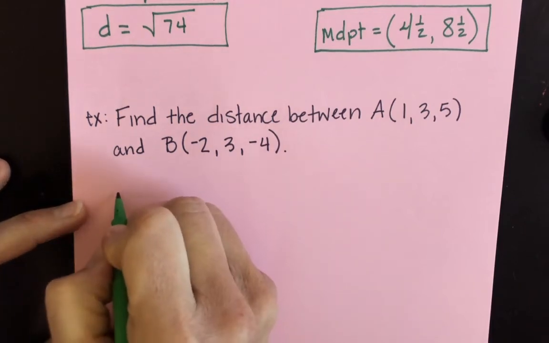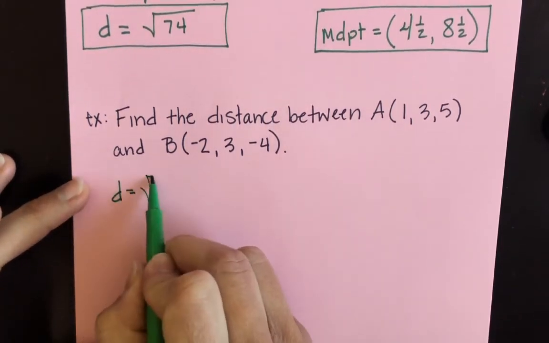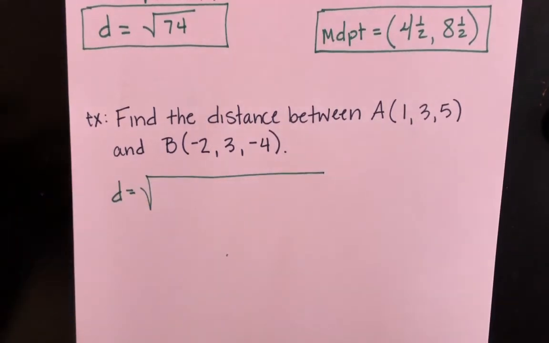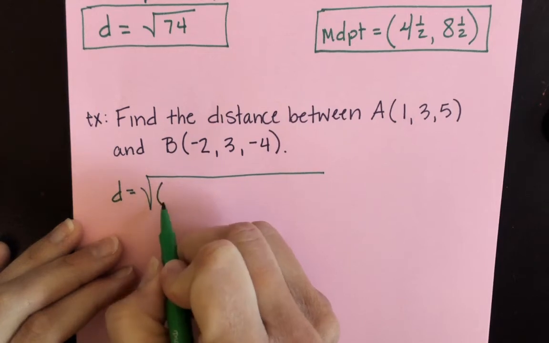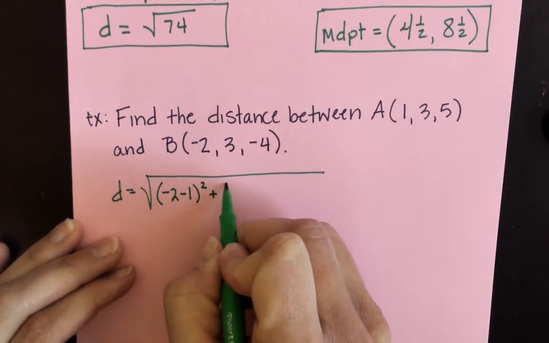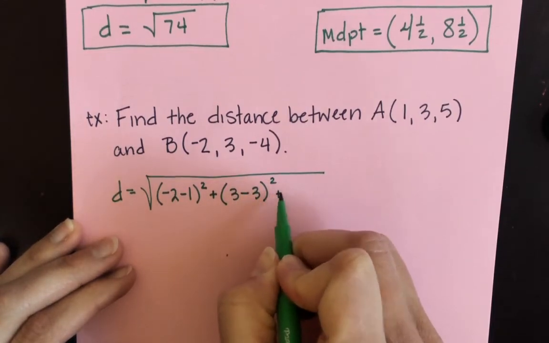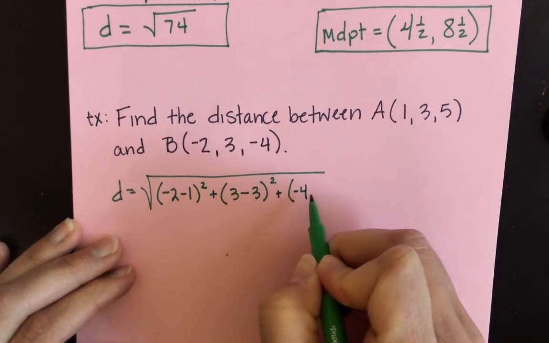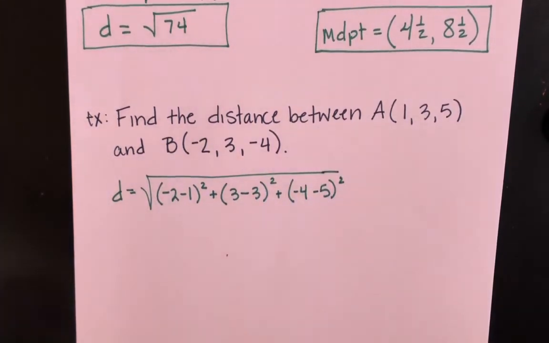So for our distance formula, again, the only difference is we end up adding on the z's in this. I'm going to take -2 minus 1, square that. Back to 3 minus 3, square that. And -4 minus 5, square that. So again, the only differences are z-squares.